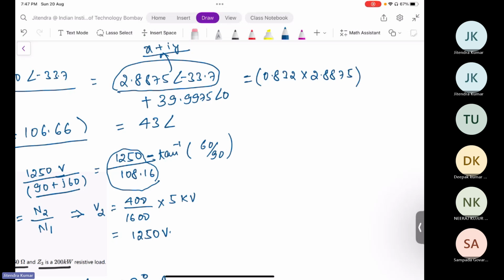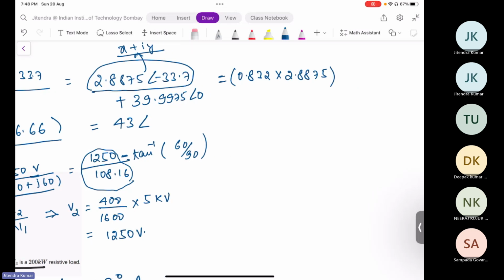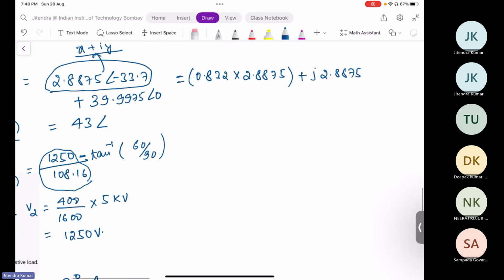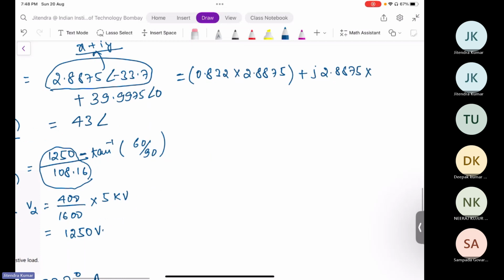But in addition or subtraction, you have to first break down all the components. In a scientific calculator you can do the operation directly, but if you don't have one, you have to break down all the polar terms into real and imaginary, just like this. I have broken the first term into real. Now I will break into imaginary, so that will be 2.8875 into minus sine of 33.7.